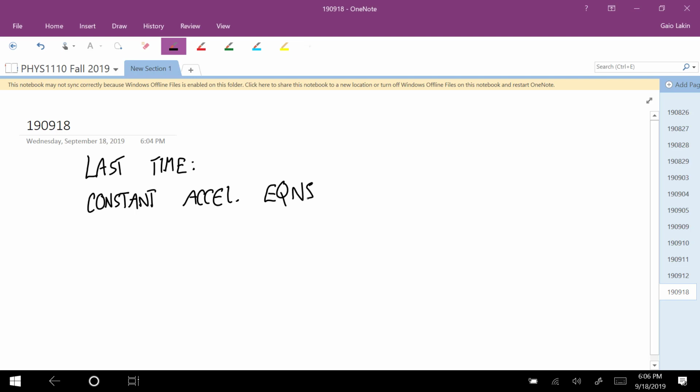And those are, the first one says V final is equal to V initial plus A times time final. The second one says P final is equal to P initial plus V initial times time final plus 1/2 A T final squared.